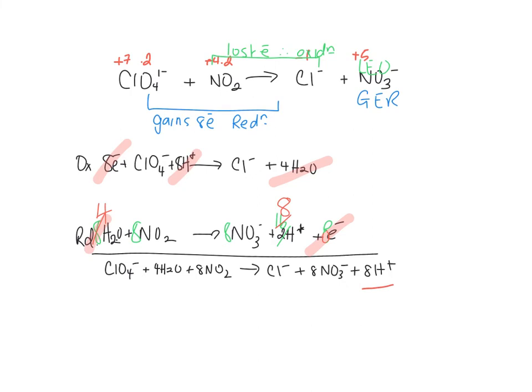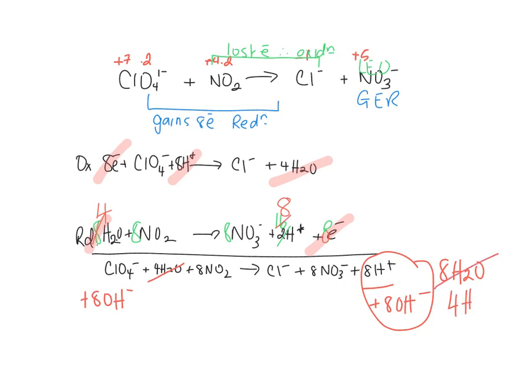So I would add to both sides 8 OH minuses. Now, H plus and OH minus make water, so we have 8 H2Os. They would be reduced by this 4, so we would have 4 H2Os.